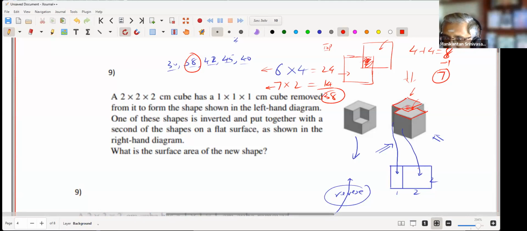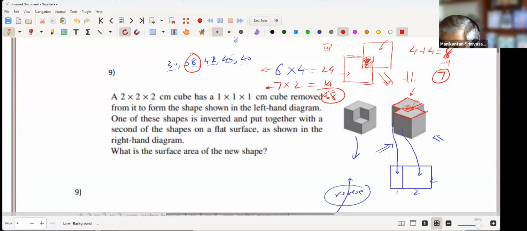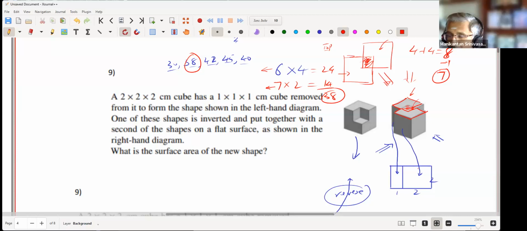And that's the exact shape I've drawn here. Oh, okay. So then it's 2 squares of 4 each, and there's 1 centimeter square overlapping, which makes it 7 rather. And then you apply the same thing at the bottom as well. So 8 minus 1, which is 7, and then exact same thing at the bottom as well.